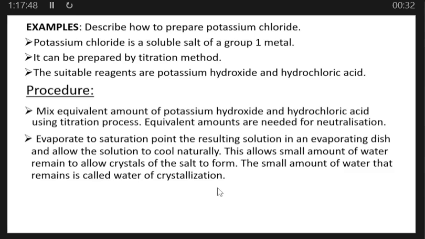Why do we do this? We are saying this allows a small amount of water to remain to allow crystals of the salt to form. So these points I'm putting here are actually exam answers. All right, they can ask you, why do you heat to saturation point? So this allows small amount of water to remain to allow crystals of the salt to form.